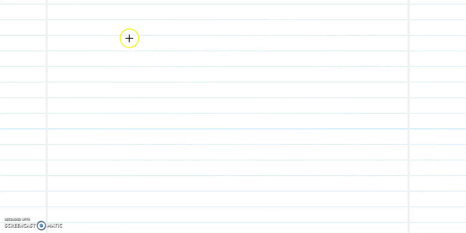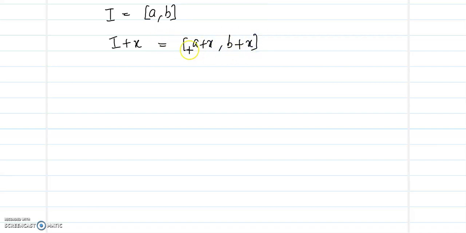Now again let me take I to be the interval, the closed interval AB, and let me define the set I plus x to be the set A plus x, B plus x. What I have done here is translate the entire set by value x. Each point is translated by a distance x.